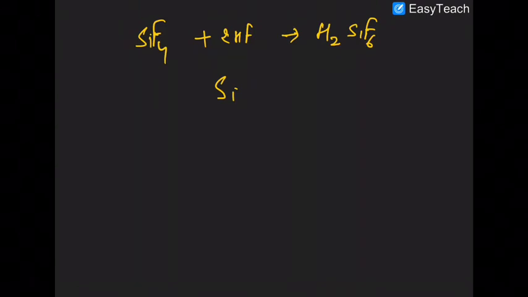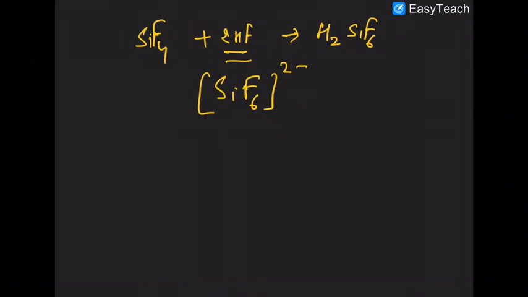Similarly, if you have SiF4 and you add HF to that, it will transform into H2SiF6. I am repeating once more, sorry. If you have SiF4, silicon tetrafluoride, and you add 2HF, it will lead to the formation of hexafluorosilicate.